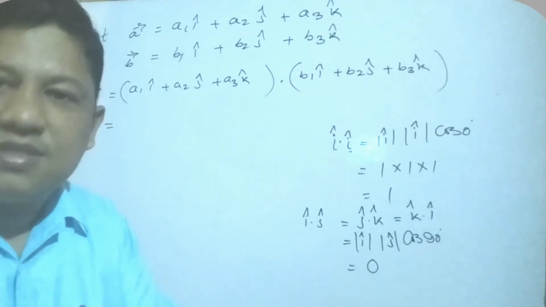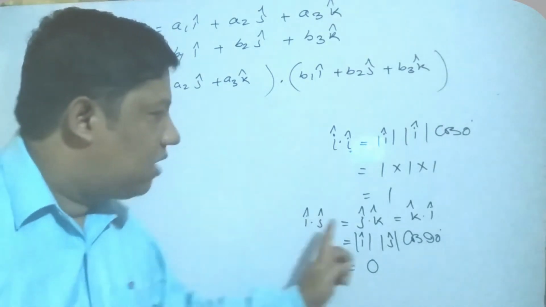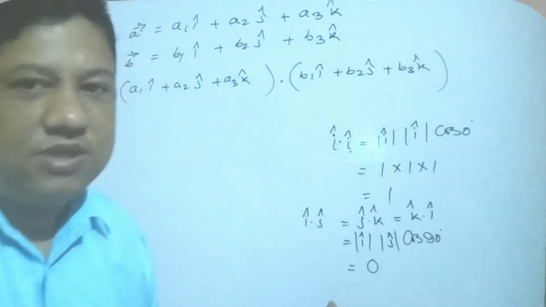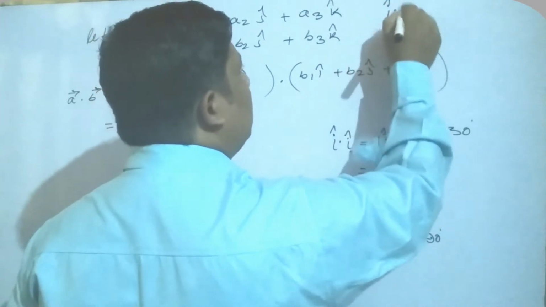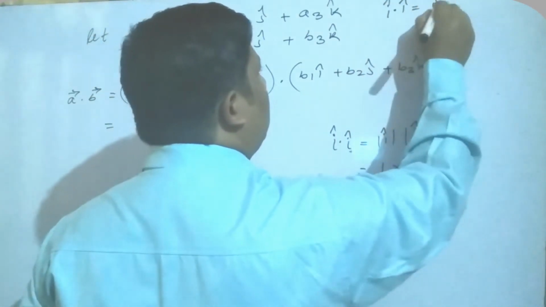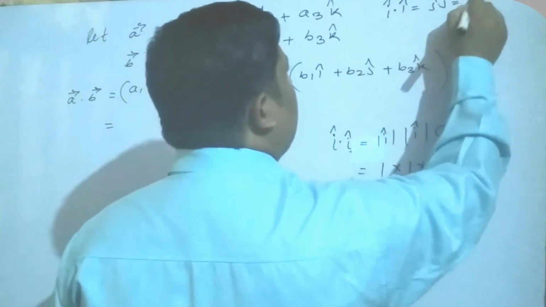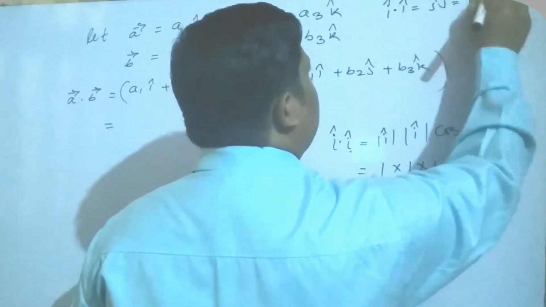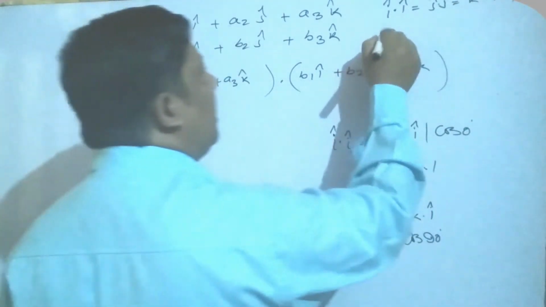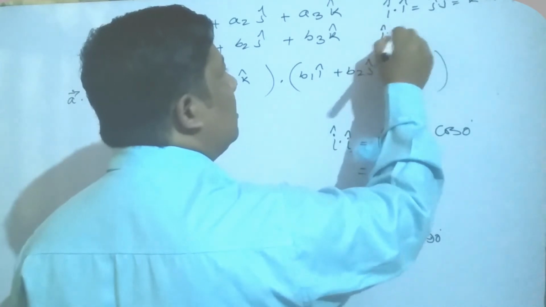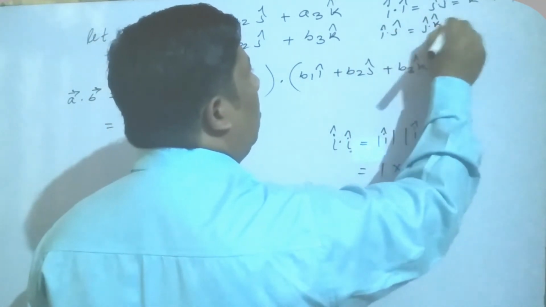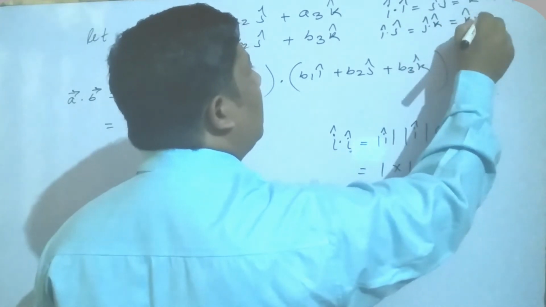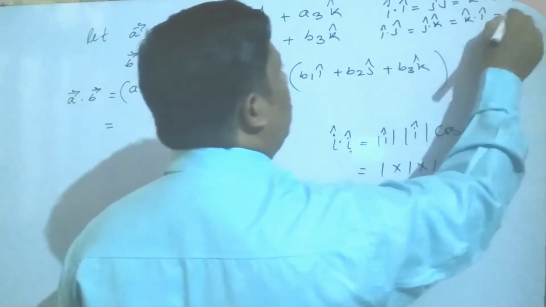If the two vectors are perpendicular, then the dot product equal to 0. Okay, my students. Next, it means i dot i, again j dot j, again k dot k equal to how much? 1. If I write i dot j or j dot k or k dot i, if they are mixed, then it will be 0.